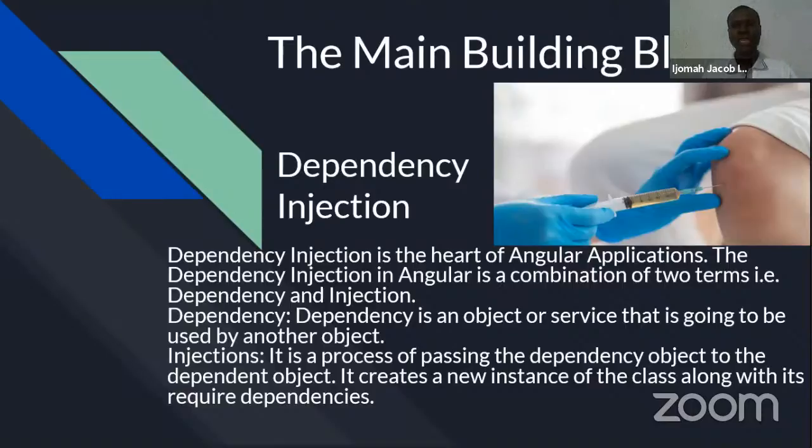So there are some objects that are dependent on another object, and for them to be used, they need to be injected into the object so that they can use it. Passing it at that point in time from one object to the other is just what we regard as dependency injection. And it is services that are being injected this way, so we inject services in the respective components.